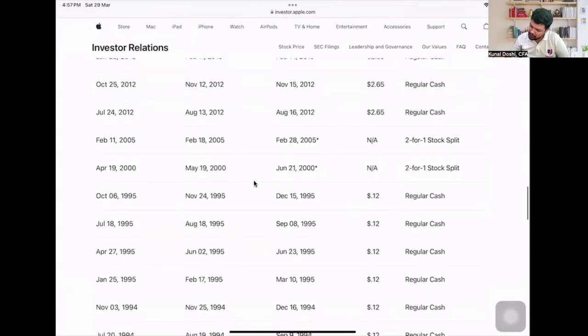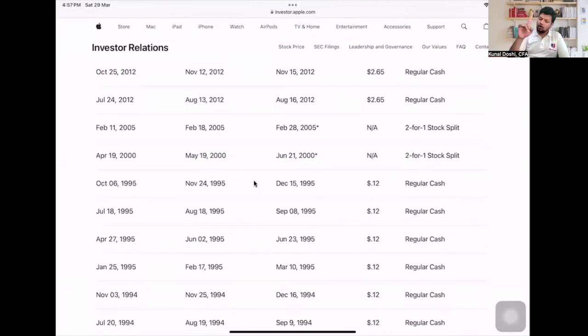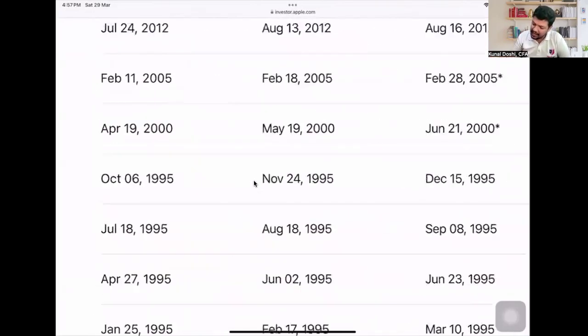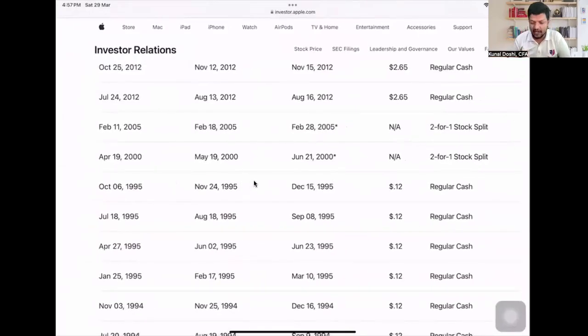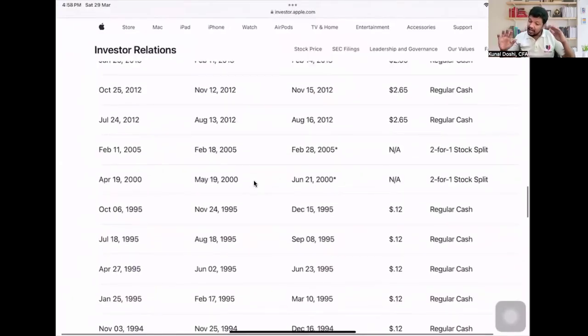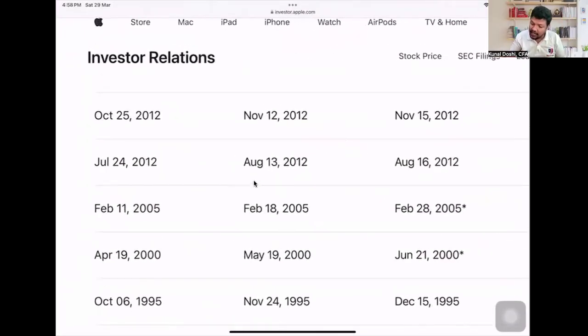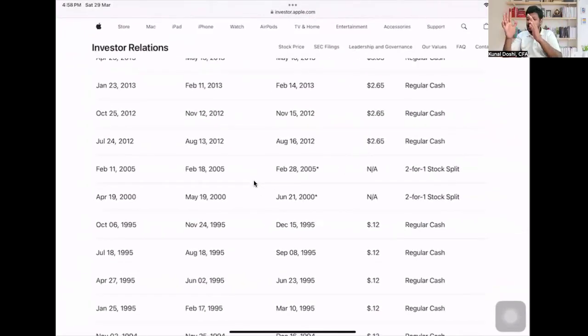But have you noticed something? On October 6, 1995, the company paid a regular cash dividend. Then they just did a split, and then all the way after 17 years, on July 24th, 2012, is where they again started paying cash dividends.